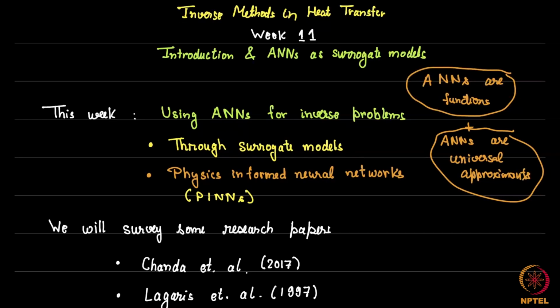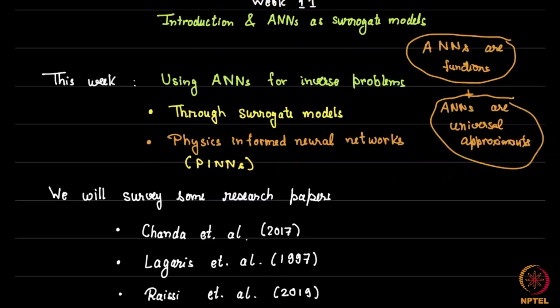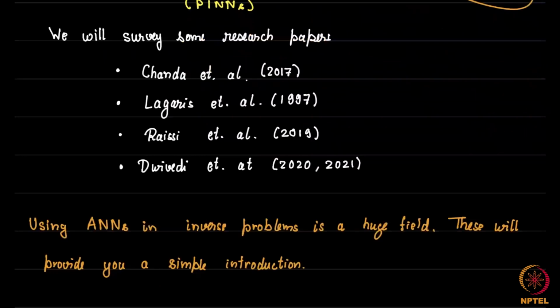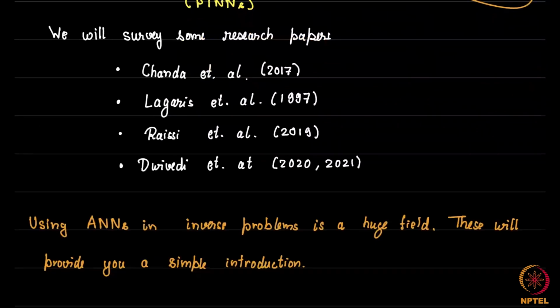Now, we will be surveying primarily this week some research papers. I have written those papers down here, and I'll be showing you some of these papers even in this video. The purpose of these papers is to serve as an introduction to this field. I would encourage you to go online and see if you can download these papers. Unfortunately, I can't share these papers directly due to copyright violations. I will be showing them, because apparently it's not a copyright violation to show.